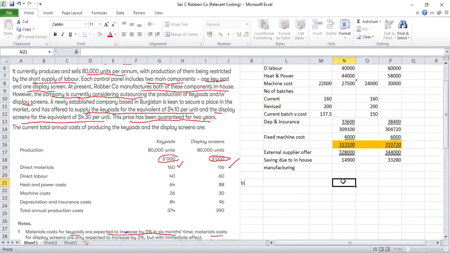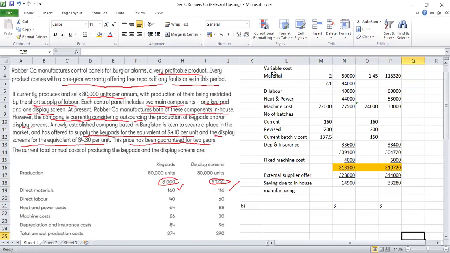So in this situation what will we do? We will assume that our selling price and the supplier selling price are the same, and the supplier is asking 4.1 for keypads and 4.3 for display. We are already done with the variable cost, and the variable cost of a keypad and the display screen is provided. Variable costs are basically these costs: the first one is the material cost, the second is the labor cost, and the third is the machine cost.